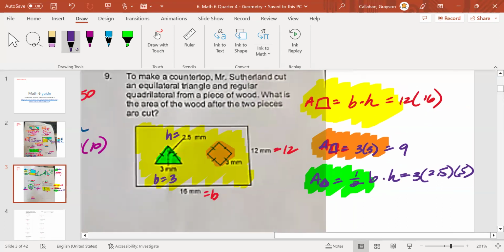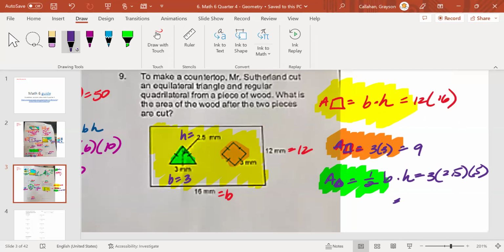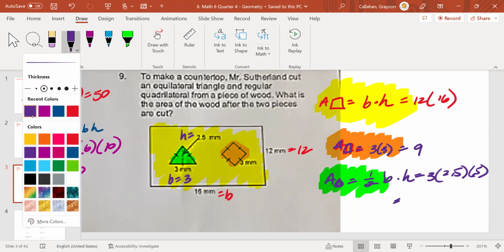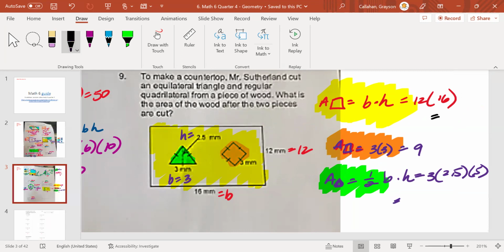Grab your calculator. Let's find this out. What's 12 times 16?